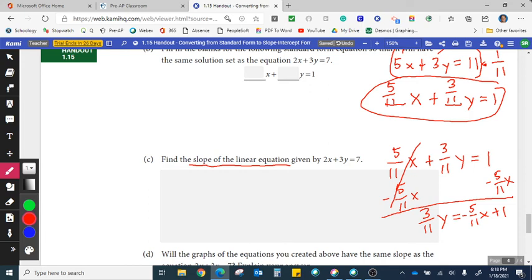I want to know what y is. So how do I get 1 out of 3/11ths? Multiply by the reciprocal. And if I multiply by the reciprocal on both sides, like I did up there, then this part right here cancels out. That's going to give me y.